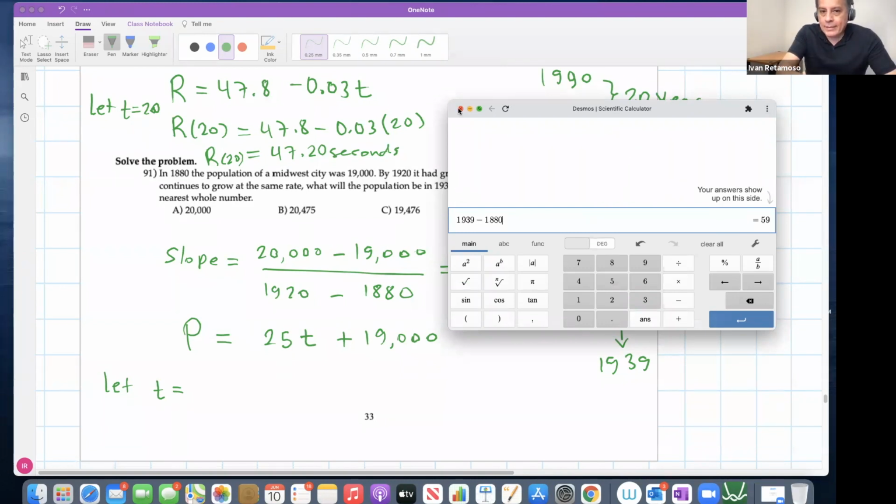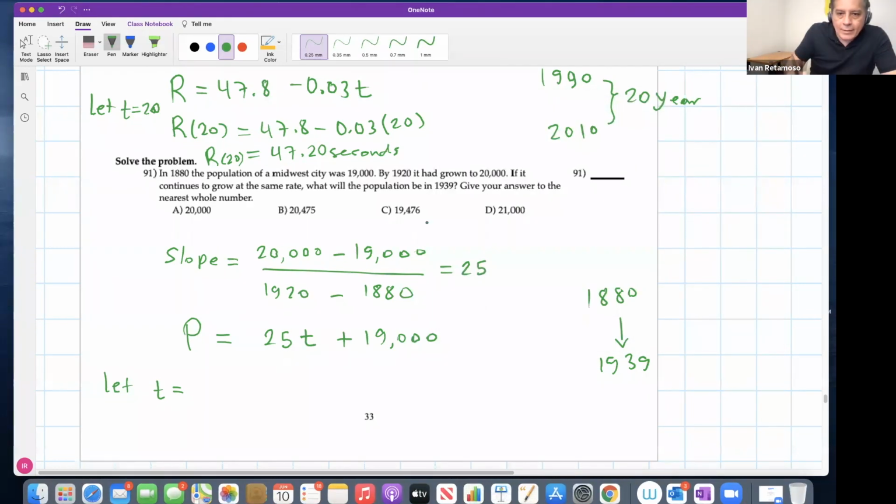That gave me 59 years. So we let this be T. So the population will be then 25 times 59, right? It gains 25 per year.